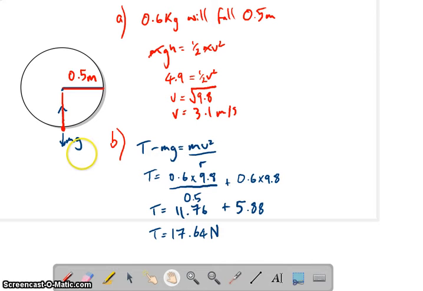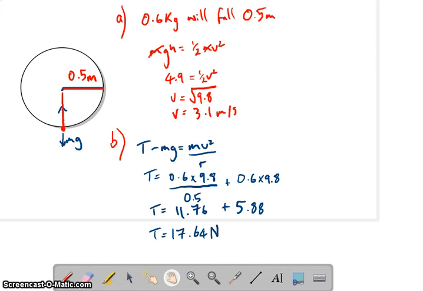Here's the centripetal force. You could look at it another way: tension is equal to the centripetal force plus mg, and it doesn't really matter which way you do it. If you look at the centripetal force inwards, tension is inwards, mg is outwards.